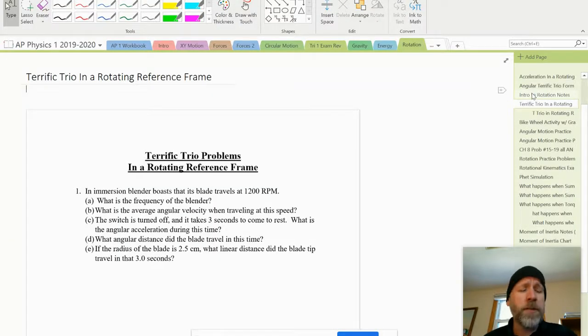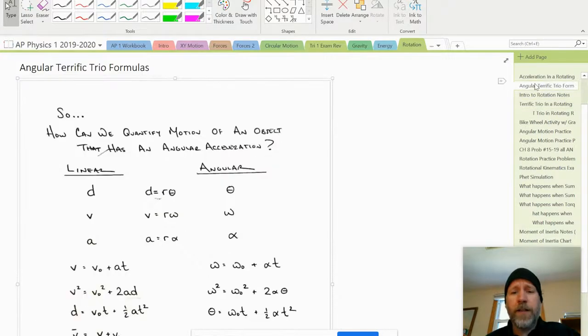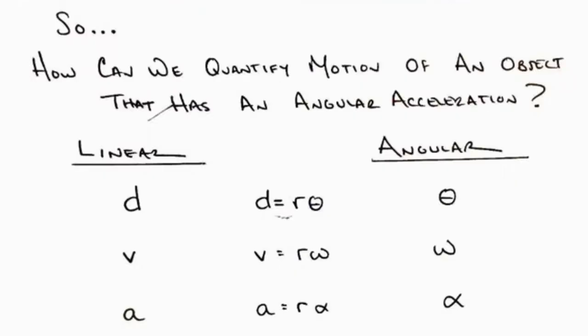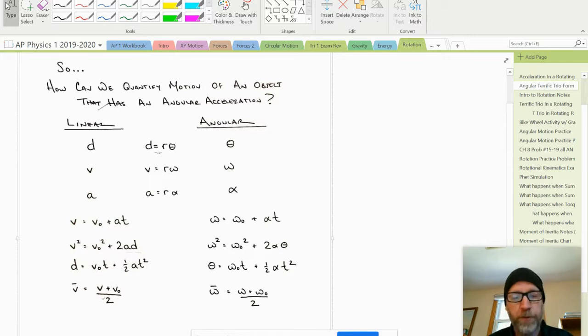I posted the first link on here to some notes that I had already done in class, but I hadn't actually attached the sheet, which is the relationship between linear and angular quantities. So here we have our linear values, d, v, and a, and the terrific trio formulas. Beside that, we have the angular quantities, theta, omega, and alpha, and the terrific trio formulas.